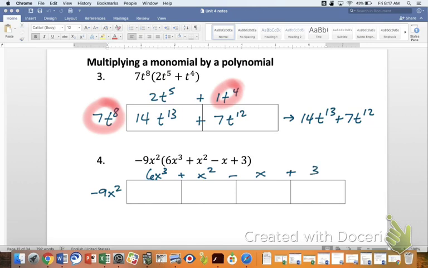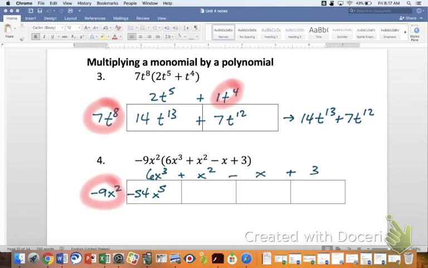Okay, so like before, I'm going to write the product of each one of these pairs in the box. So in this first box, it's going to be negative 9x squared times 6x to the 3rd. So that's going to give me negative 54x to the 5th. Remember, if you multiply like bases, you add the exponents. X to the 2 times x to the 3 is x to the 5th.